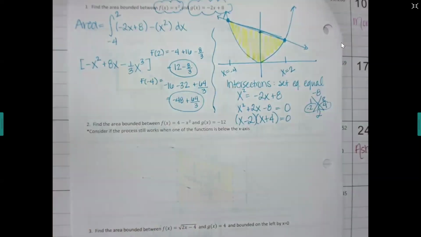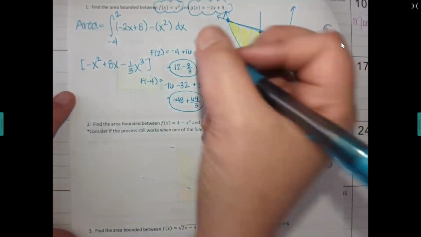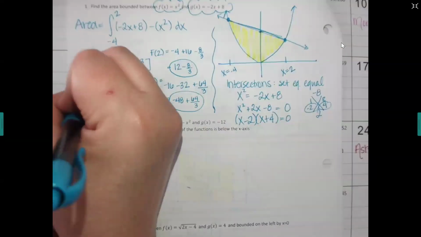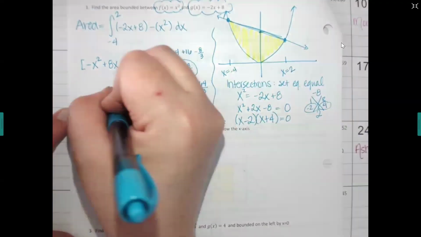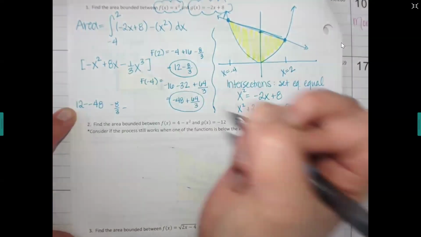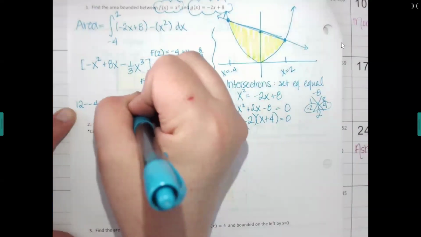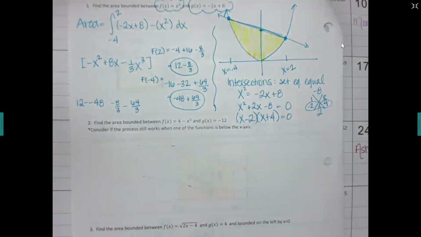Okay. Then remember, it's this minus this. But because I have two whole number pieces, I can do those together, and I have two third pieces, I can do those together. So the way that I'm going to write it is I have a 12 minus a negative 48, and then I have a minus 8 thirds minus a 64 thirds. Remember, it has to be the top minus the bottom, but you can group them into like terms.